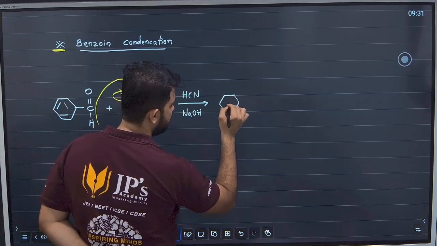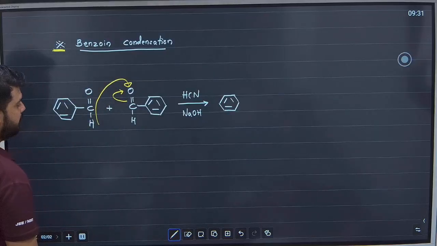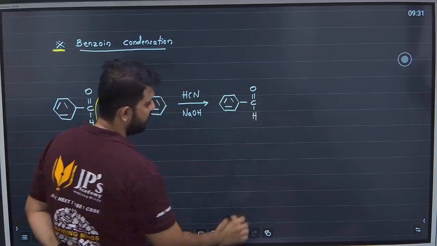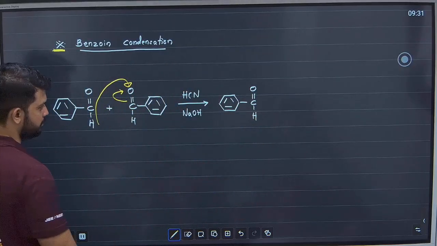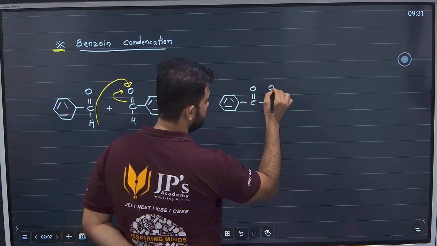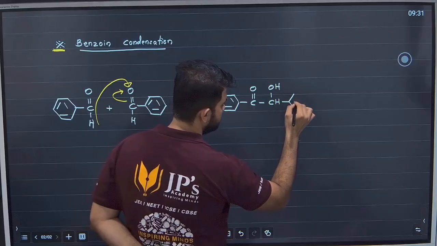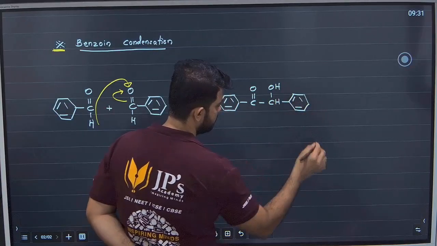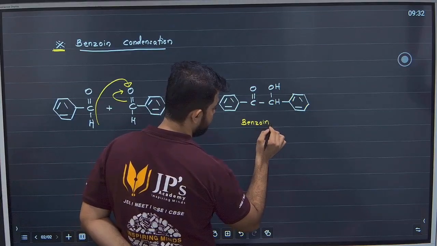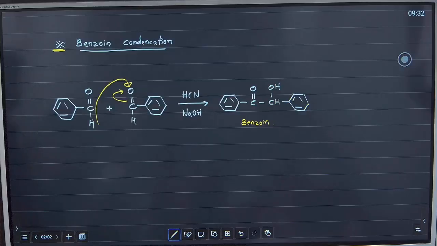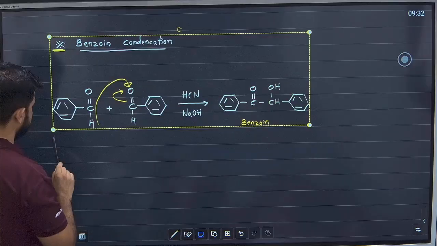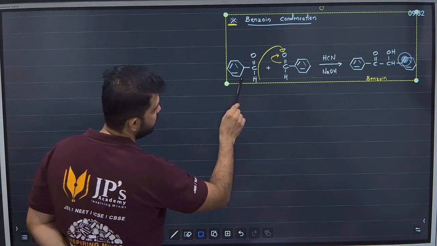So what do we have here? ये आपका ring, and then C double bond O bond H, bonded to, sorry, H is not there, C bonded to C, ऊपर OH H, and this compound is called benzoin. Chalo, so let's understand this from a mechanism perspective. Again, mechanism बहुत easy है.